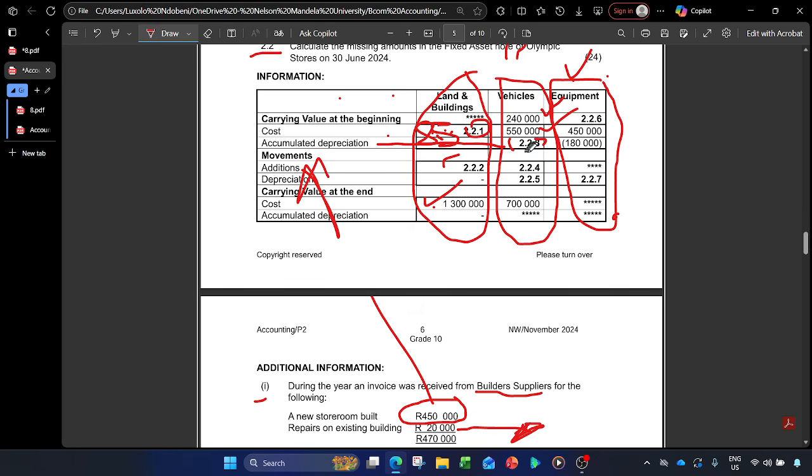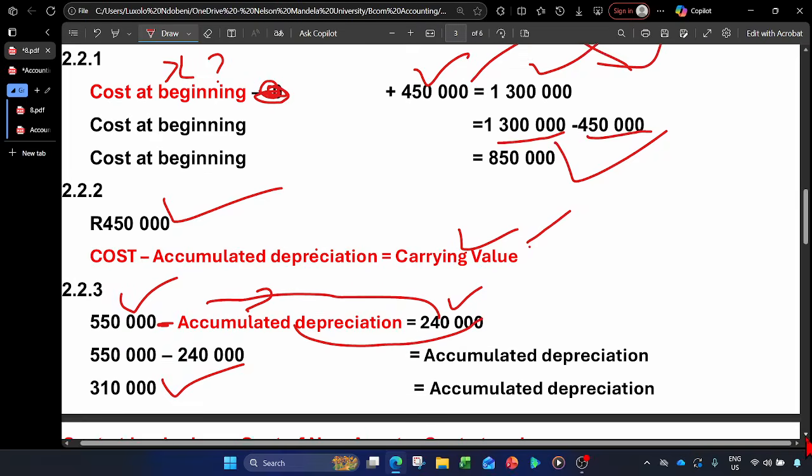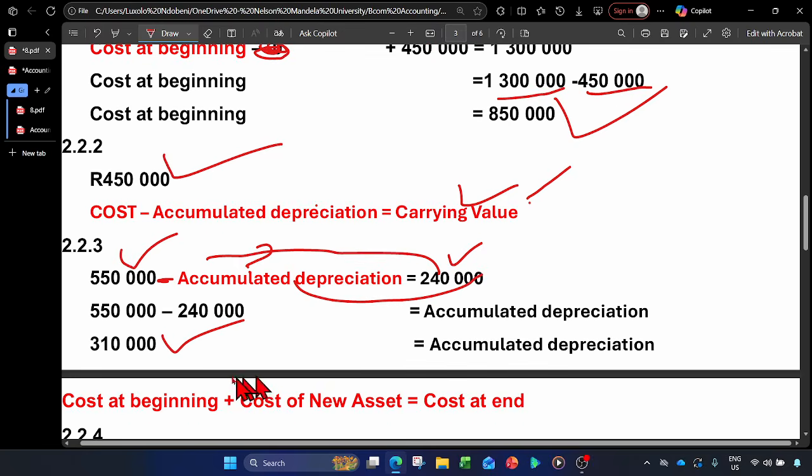It's 2.2.3, right? But before we go there, is there any reminder? Yes. We have the reminder of that cost, the definition of that cost formula. Cost at beginning plus cost of the new asset or addition is equal to the cost at the end, right?